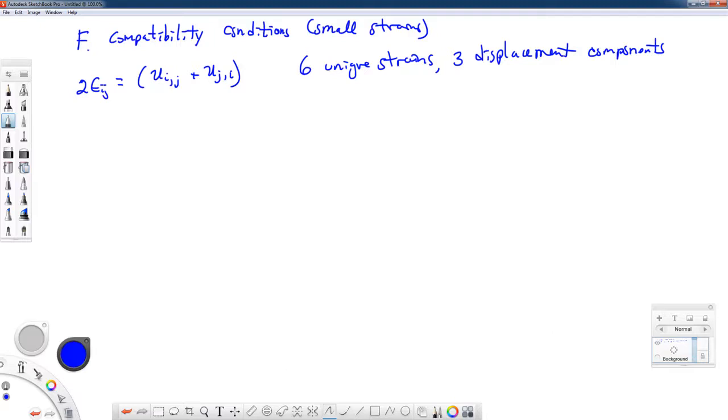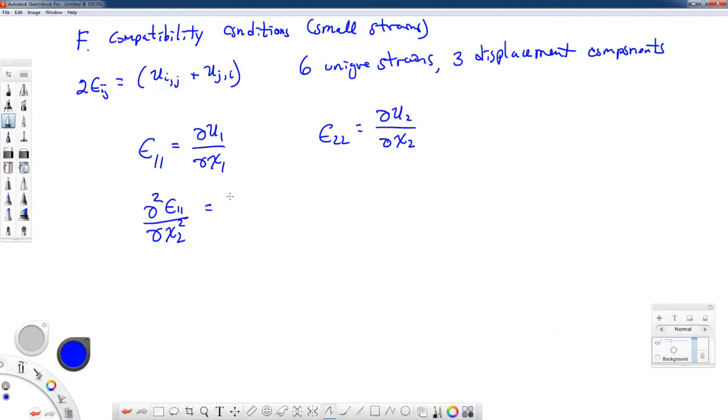Now the way to see this is first taking one of these, say for example epsilon 1,1, we know that that would be equal to the partial derivative of u1 with respect to x1. Epsilon 2,2, likewise, is partial derivative of u2 with respect to x2. Now let's take a look at taking the second derivative of these with respect to x2.